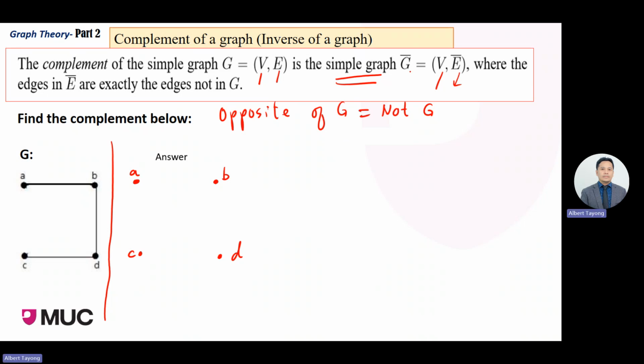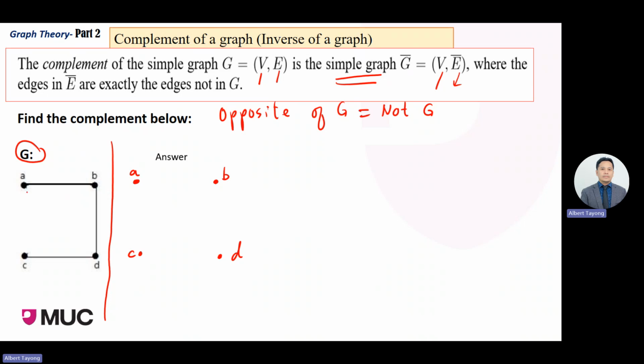So G bar means not G, or complement of G. This is our G, the original graph. As you can see, our A is adjacent to B, or directly connected to B. We have to remove that. We have to do the opposite.